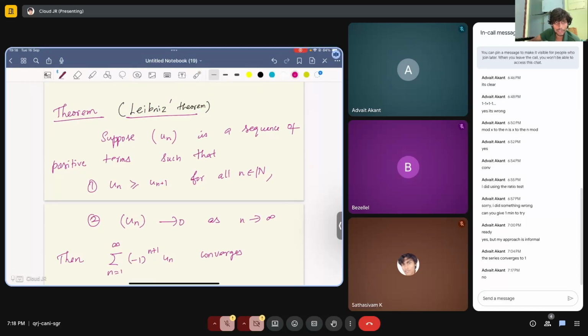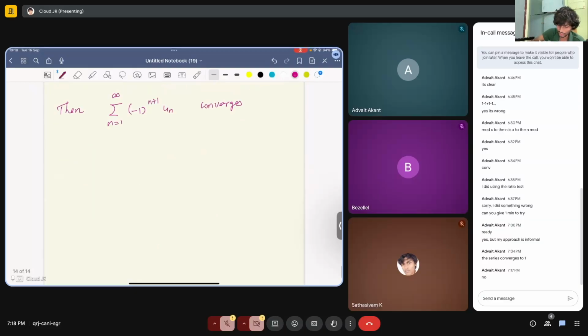But let me tell you something about conditional convergence and absolute convergence, which is not very necessary for our course because we are doing calculus, not sequences and series. But since we have done something about conditional convergence, I will just tell you, and of course in most of the books you can look.